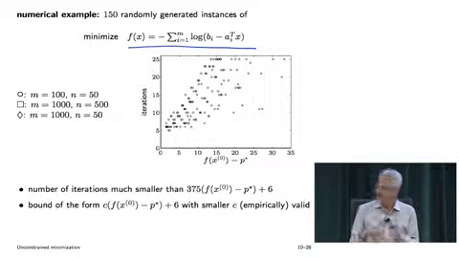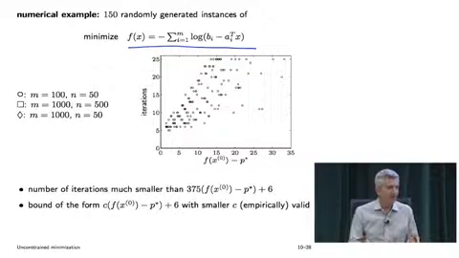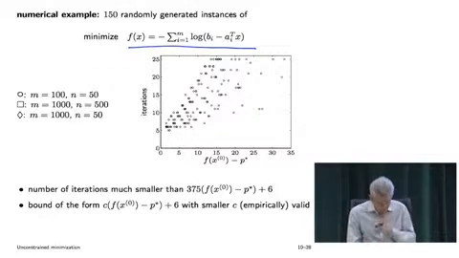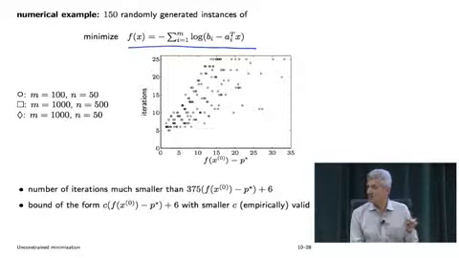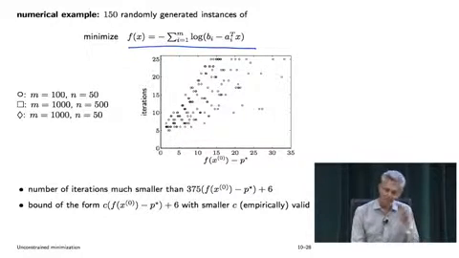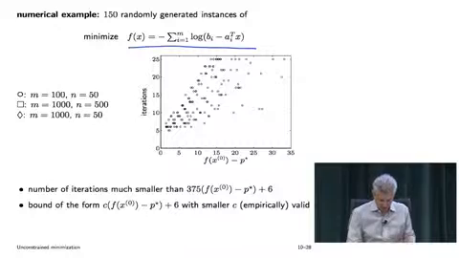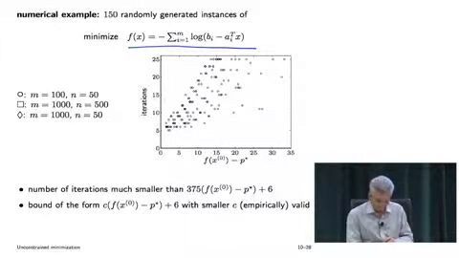Because I could multiply this by 100 and everything would be off, since f of x0 minus p star would scale the wrong way. So that's a minimally self-concordant function.